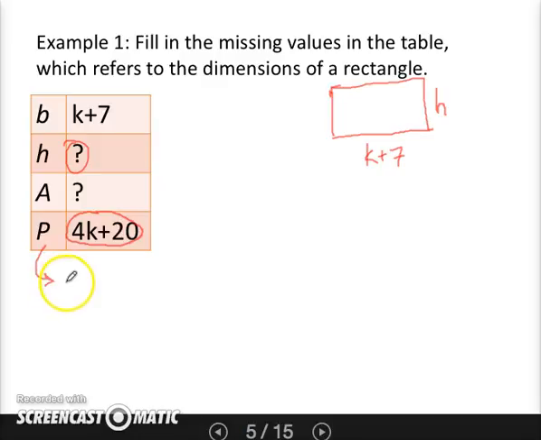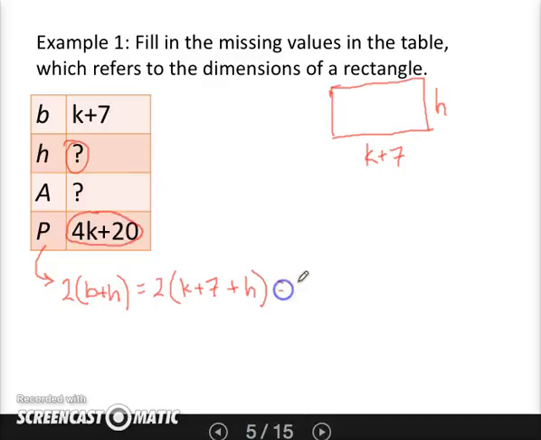So the formula for perimeter is 2 times the quantity base plus height. So I'm just going to play around with this by plugging in what I know about the base and the height. I have 2 times k plus 7 plus the height. Okay, and I'm given an expression for what that perimeter equals.